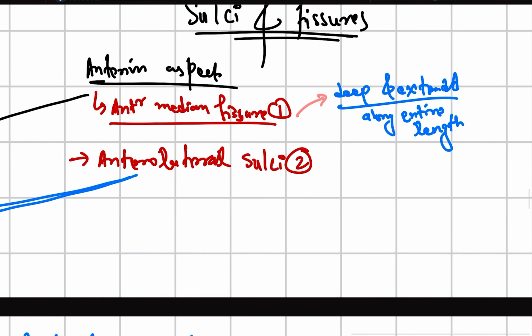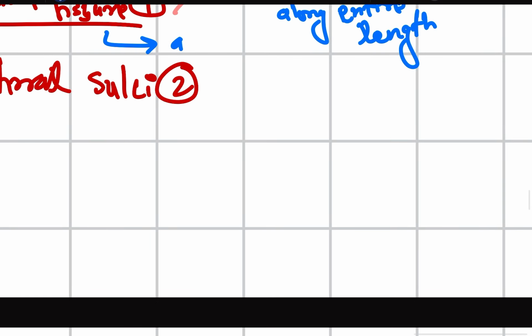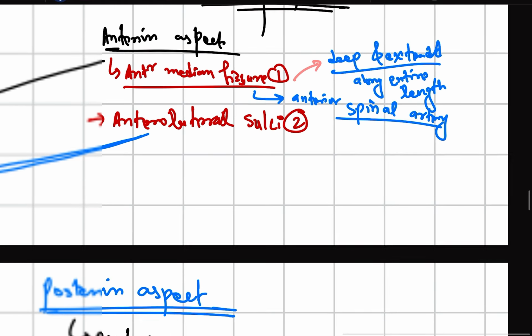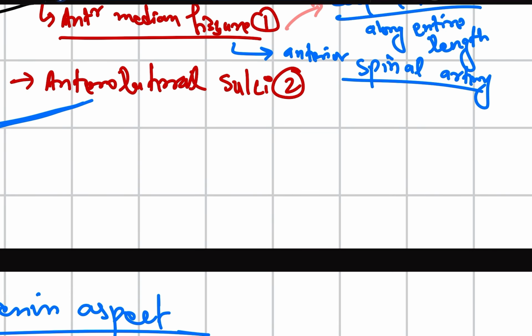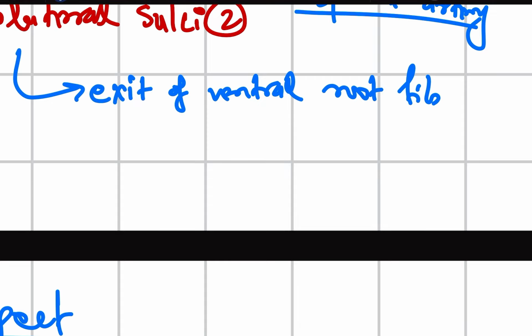In this anterior median fissure there is the anterior spinal artery, and in the anterior there exit the ventral root fibers.